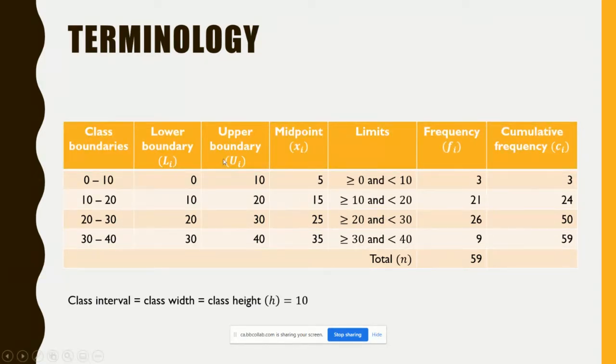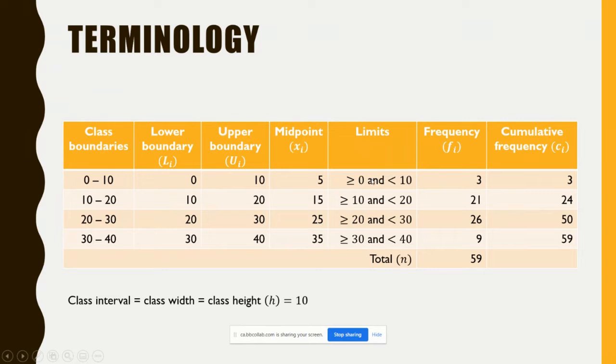If we have any number in between these boundaries, we add it as a frequency here. For example, 0 to 10, if we have any population between 0 to 10, we add it into this frequency. The midpoint is the middle of the lower and upper boundary. In this case, it is 5.